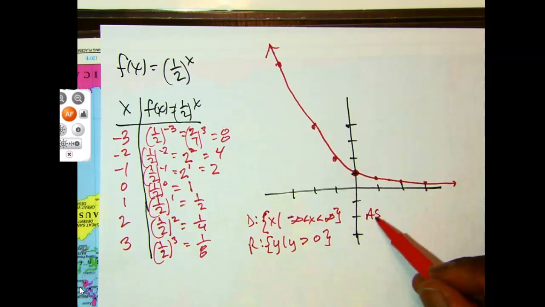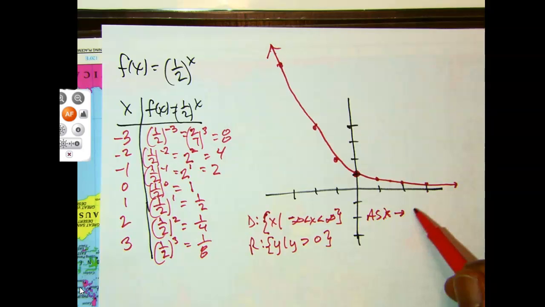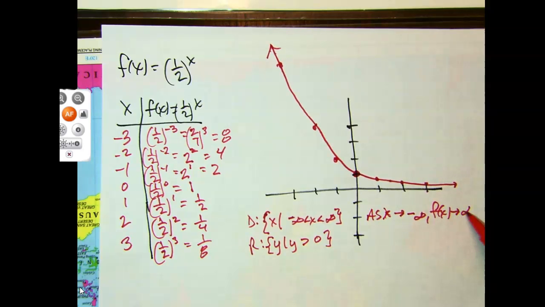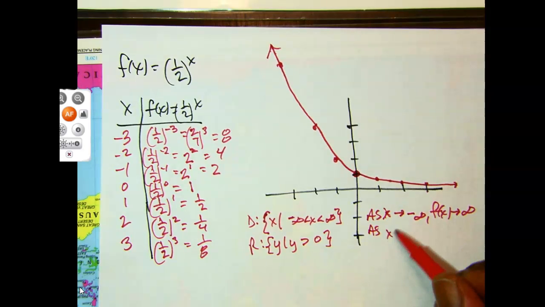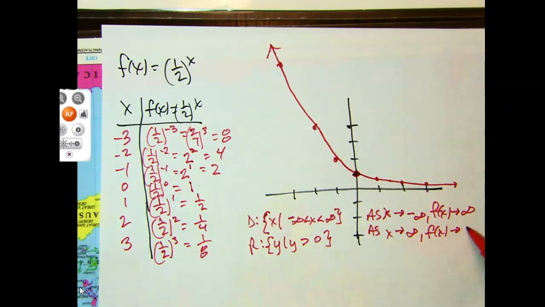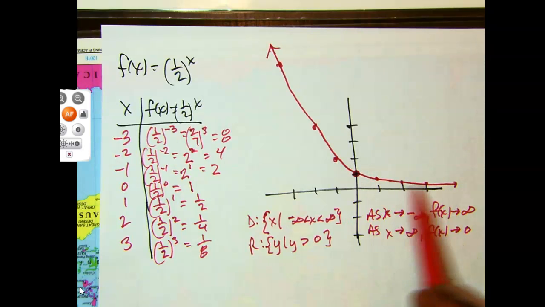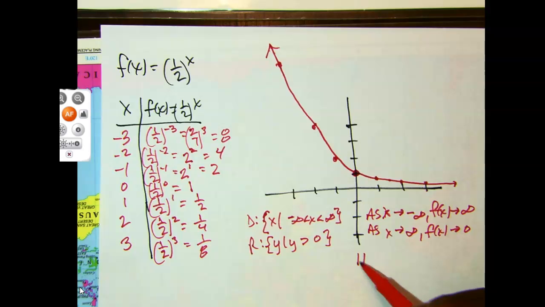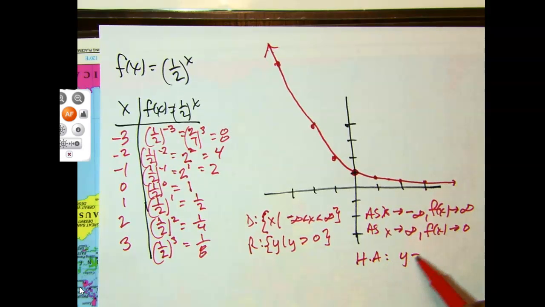And as x goes to -infinity, f of x goes to infinity. As x goes to positive infinity, f of x goes to 0. So we do have this horizontal asymptote of y is equal to 0.